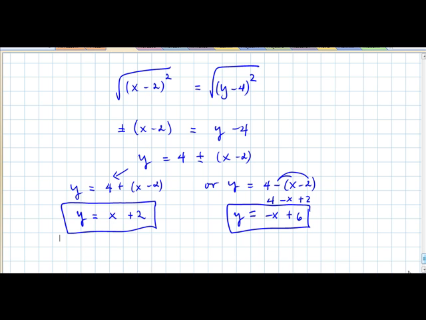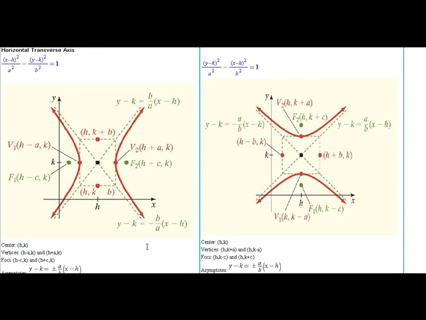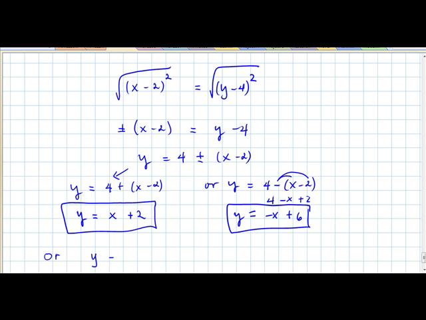If you want to use the formula, then you have to memorize it. So using the formula would be y minus k. This formula right here, I'm using this one because we have the horizontal transverse axis. So here's the formula for the equation of the asymptotes. y minus k equals plus or minus b over a times x minus h.